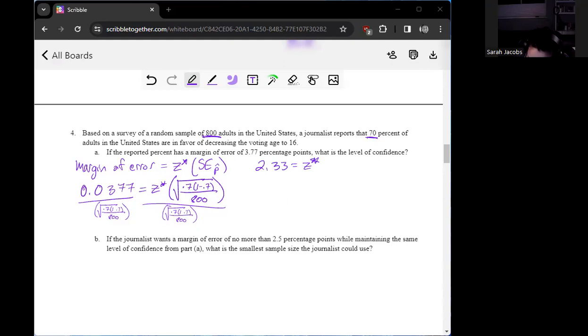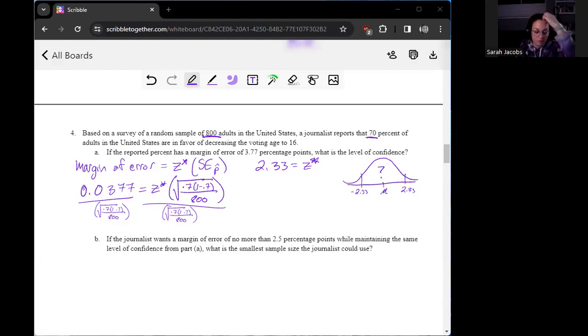So what we want to know is if the critical value ended up as 2.33 on our normal curve, here's the mean. We have a z-score of negative 2.33 down here and positive 2.33 here. And we want to know what that area is. That's going to give us our level of confidence.